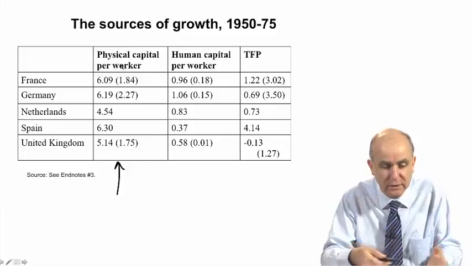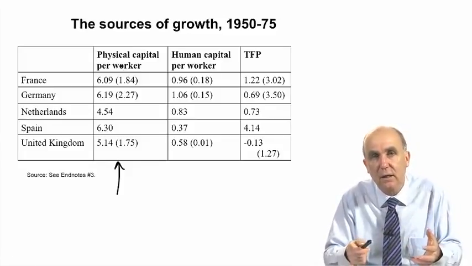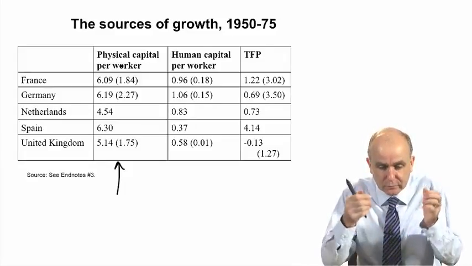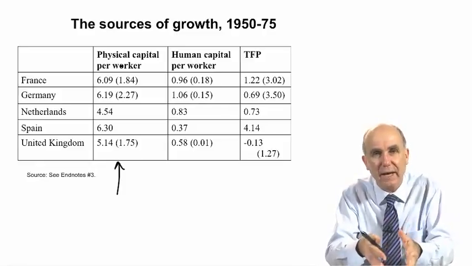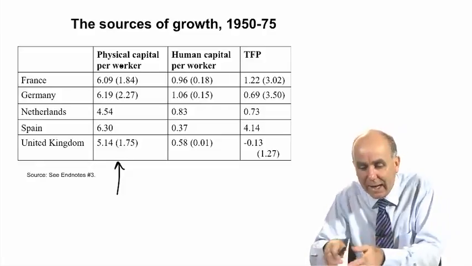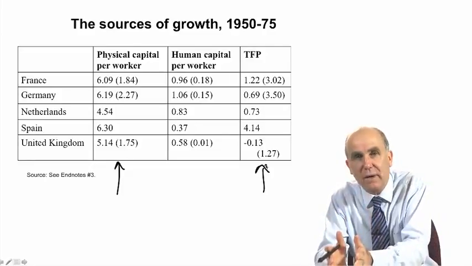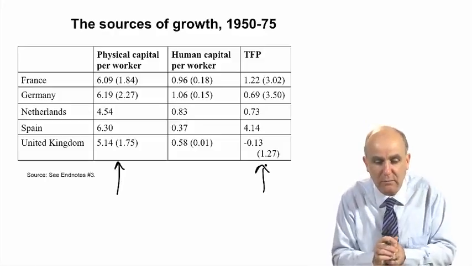So these economies in Europe, France, Germany, Netherlands, Spain, United Kingdom, and the other economies grew because they were able to introduce and utilise much larger amounts of physical capital and infrastructure than had been the case before. And they also grew because of improvements that were made to efficiency, so improvements in the way production occurred.